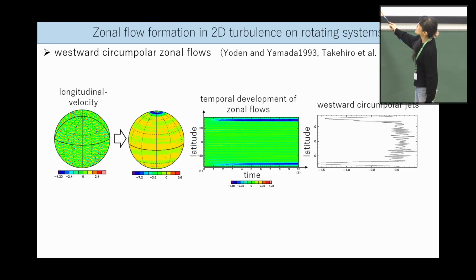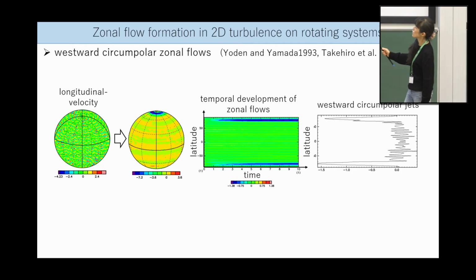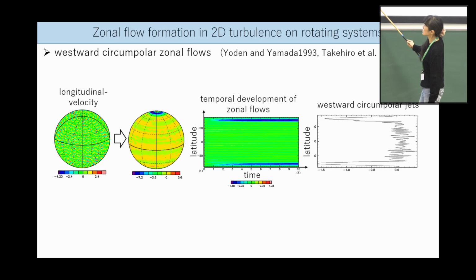And we see a very large, strong westward zonal flow around both poles. I'm sorry, we see it here. And unfortunately, you can't see this part because I have tilted the sphere, but we also have this kind of westward large-scale zonal flows here.